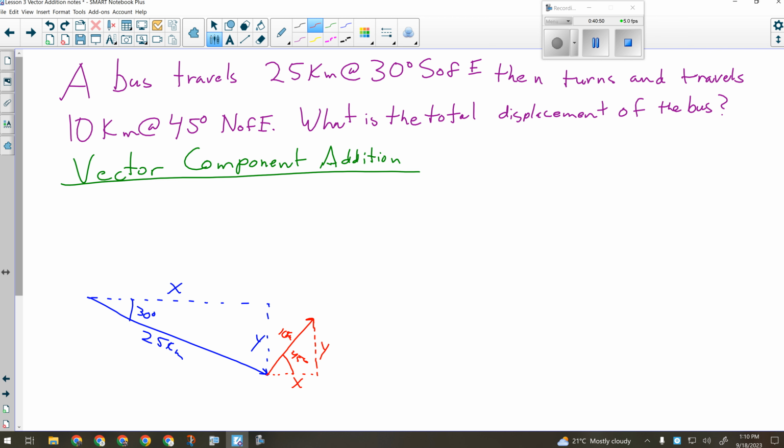So I'm going to get this really, really small overall triangle that looks like this. Okay, this will be my overall displacement. It has an x component and a y component, and it also has a very small angle in it.